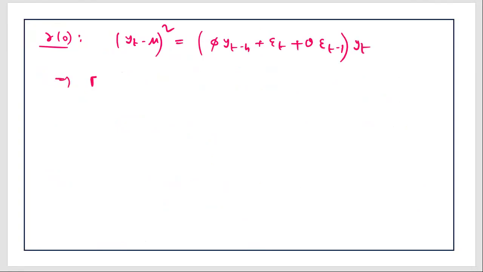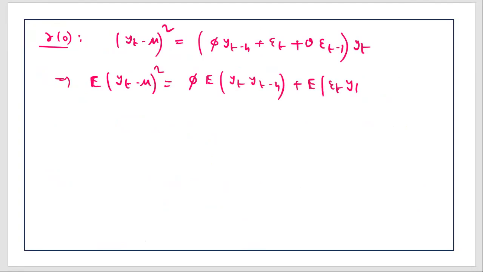Now again, if you take expectation on both sides, it will be phi expectation of yt minus 4 yt plus expectation of epsilon t yt plus theta expectation of epsilon t minus 1 yt.